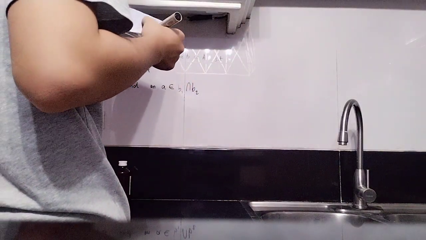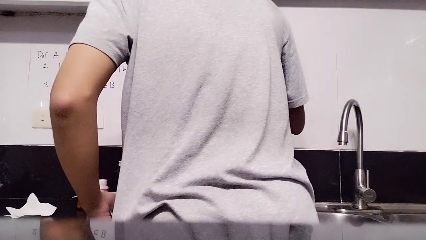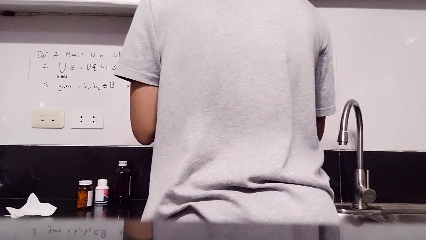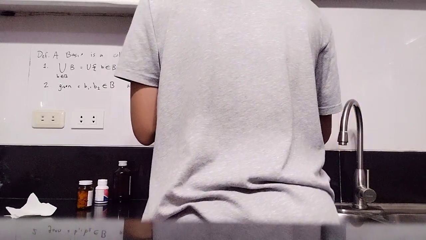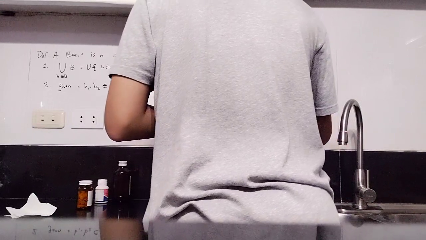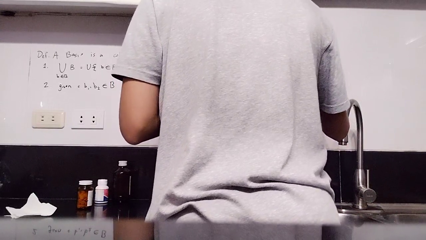So there exists a B3 such that A is inside B3, which is inside B1 intersection B2.